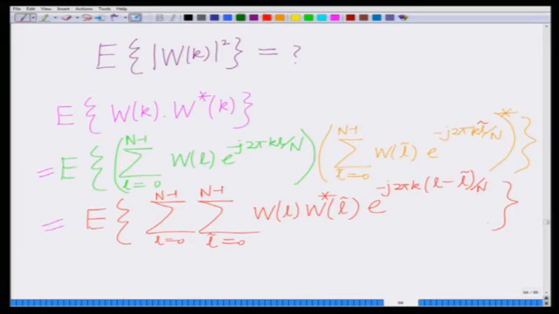Now if you look at this inner expectation, the noise samples w(L) and w(L tilde) are independent, therefore uncorrelated.